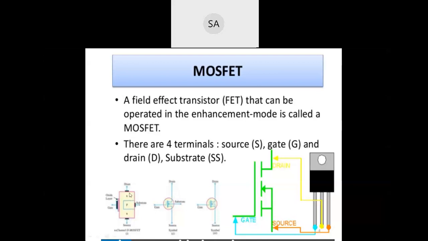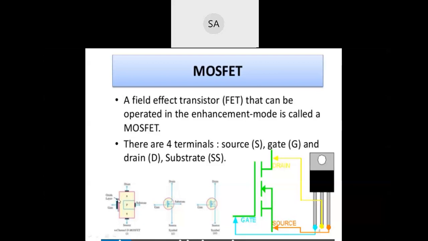A thin layer of metal oxide is deposited over the left side of the channel. So this is the channel, and the oxide layer is deposited over the left side of the channel. A metallic gate is deposited over this oxide layer.